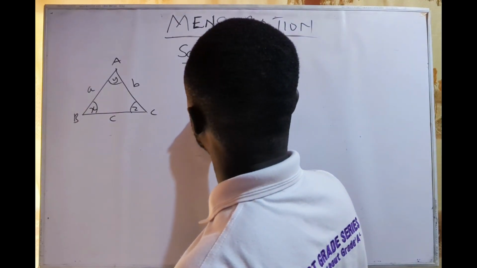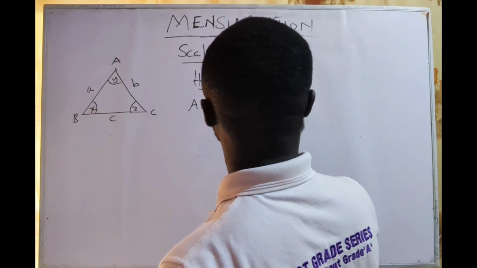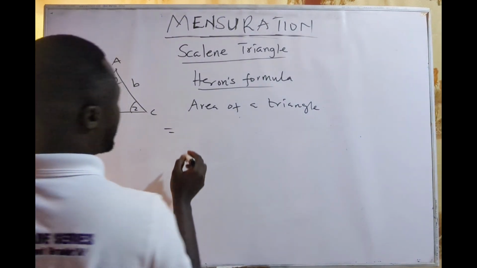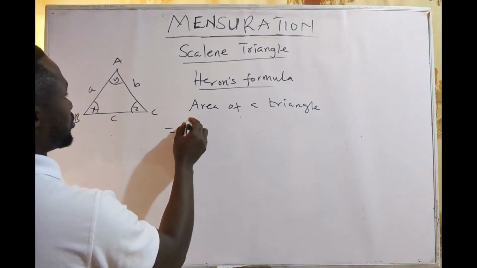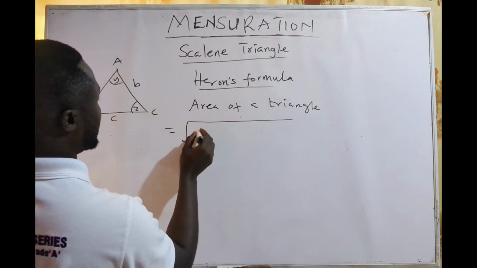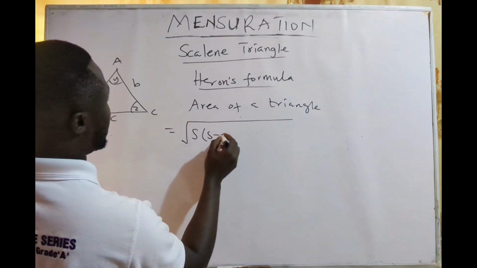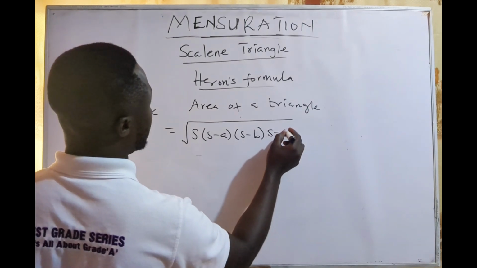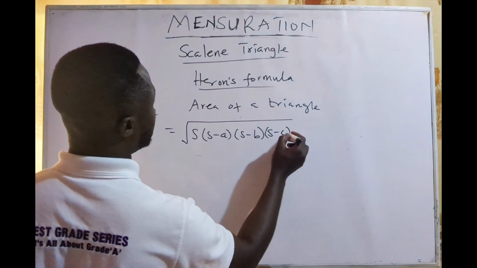It says the area of a triangle is equal to the square root of s into bracket s minus a, s minus b, and s minus c.